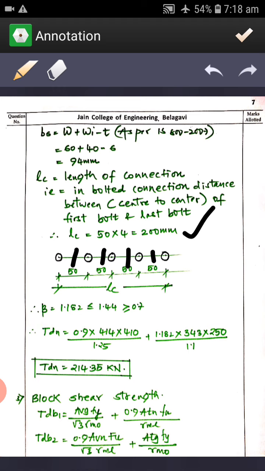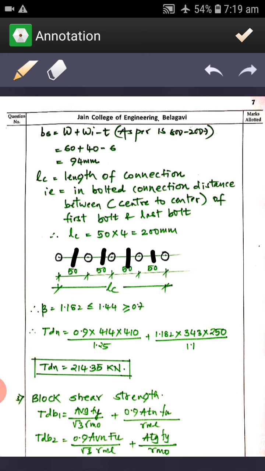If you get a beta value less than 0.7, you have to take 0.7, and if you get more than 1.44, you have to take 1.44 only. So here in this case we have got 1.18, so we'll take beta value as 1.18.